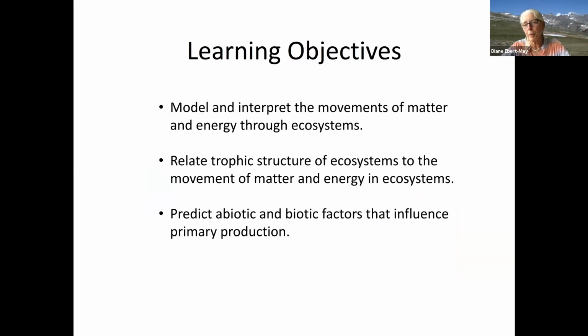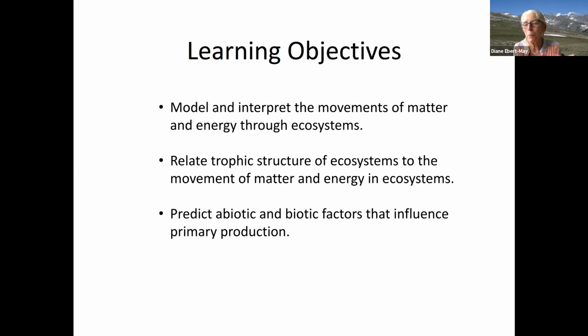Here are the learning objectives for which this assessment is aligned, I claim. One, model and interpret movements of matter and energy through ecosystems. Okay, what are they doing? They're modeling and interpreting. Okay, what are they doing? Matter and energy. You got it, man. Whatever you want to do there. Two, relate the trophic structure of ecosystems to the movement of matter and energy.